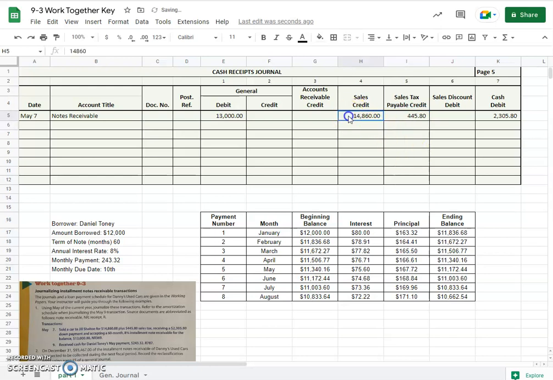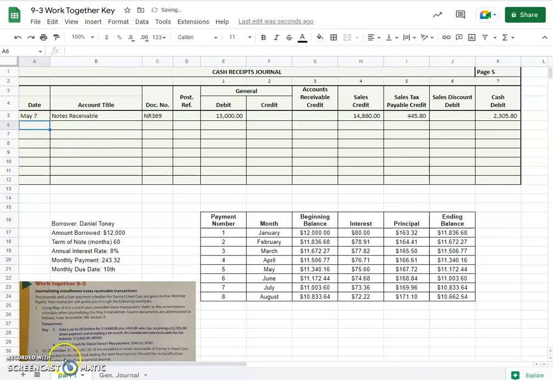If we add these two together, we get $15,305.80. And if we add these two debits together, we get $15,305.80. So our journal entry works. So there's May the 7th. Oh, and we did need to put our document number in there. It was note receivable 369.